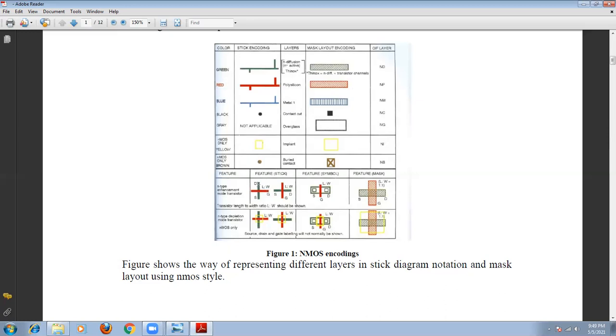Whenever the polysilicon crosses the diffusion layer, it must cross. Remember, crossing must exist.